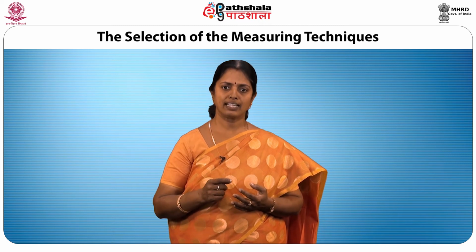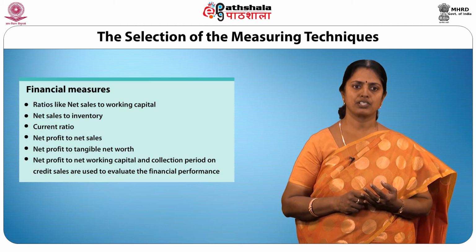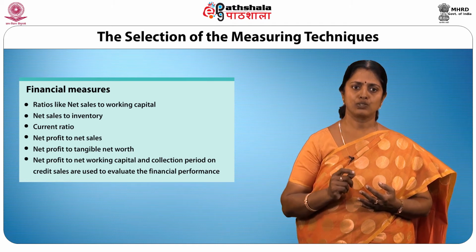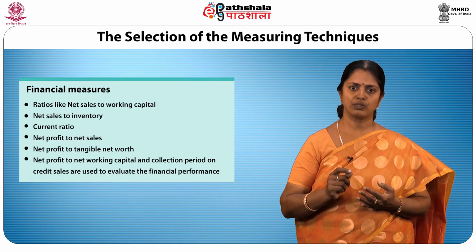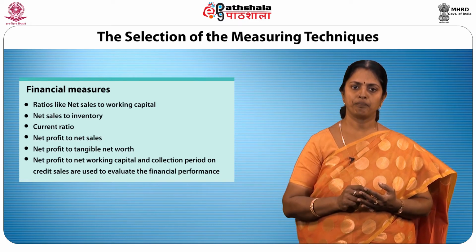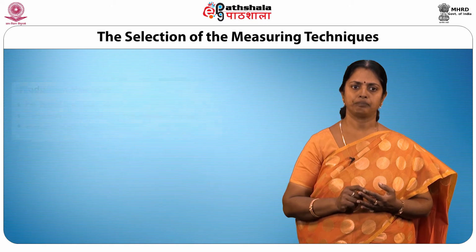Some of the measuring techniques for various performance areas are: in financial measures, we use ratios like net sales to working capital, net sales to inventory, current ratio, net profit to net sales, net profit to tangible net worth, net profit to net working capital, and collection period on credit sales.